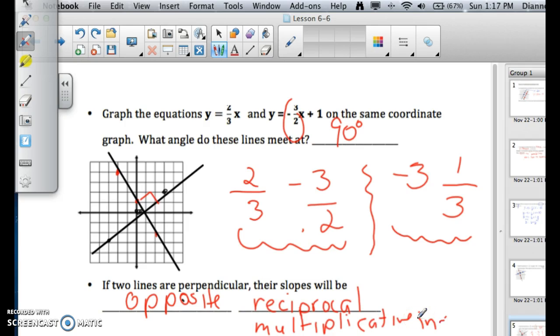Another way people determine if two lines are perpendicular, meeting to form a 90-degree angle, is if you multiply their slopes together, you're going to get -1, because 2/3 times -3/2 gives me -6/6, which is -1. And if I were to multiply -3 times 1/3, once again, -1. So we're going to go to the next page.